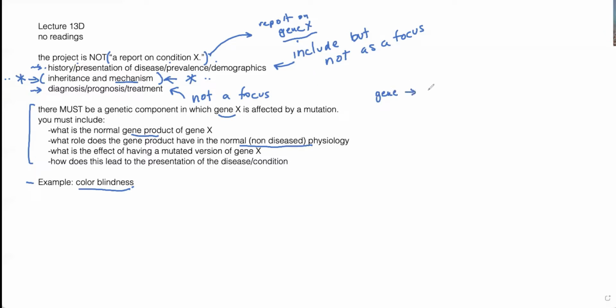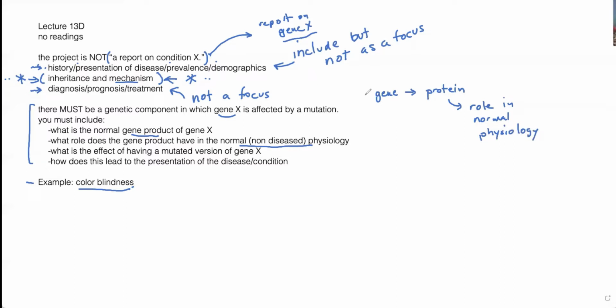So if the gene is coding for a particular protein, the protein would be the gene product, that is normally there. And this protein might do something that's required. What is the role in normal physiology that is not there when you have the mutation, right?